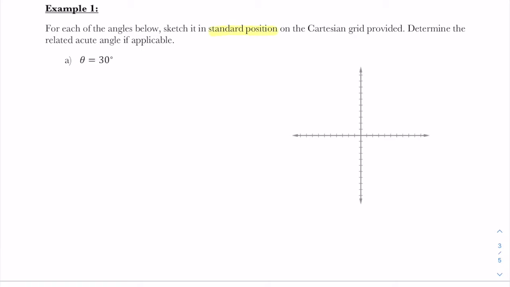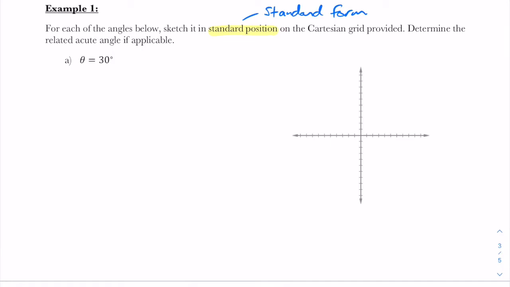I'm saying standard position. It's the same thing as standard form. We're going to sketch each of the angles below in their standard position or standard form and determine, if possible, the related acute angle. We'll begin with positive 30 degrees.